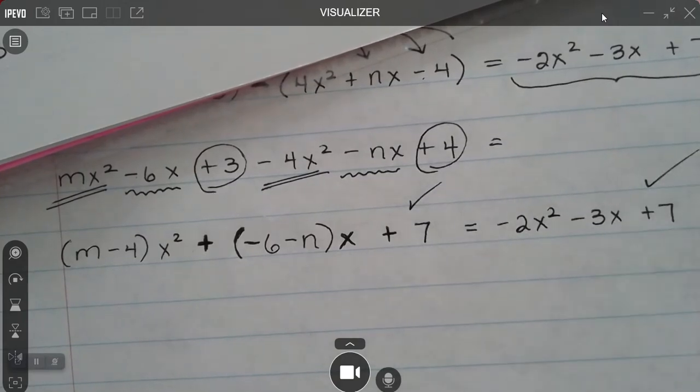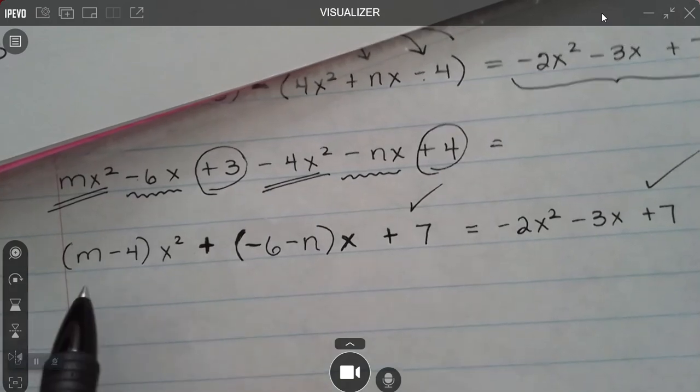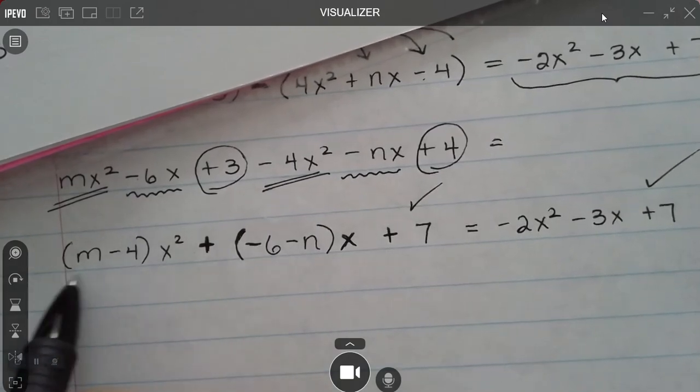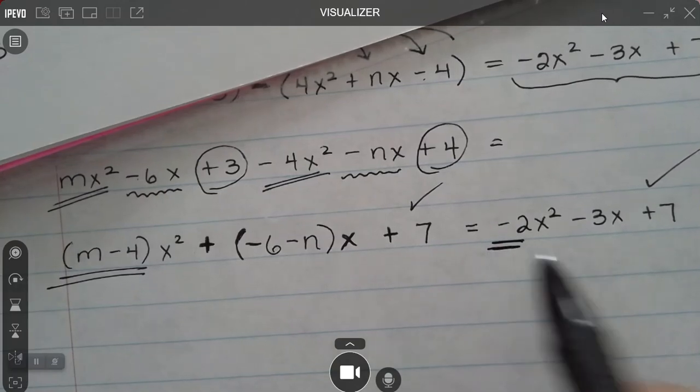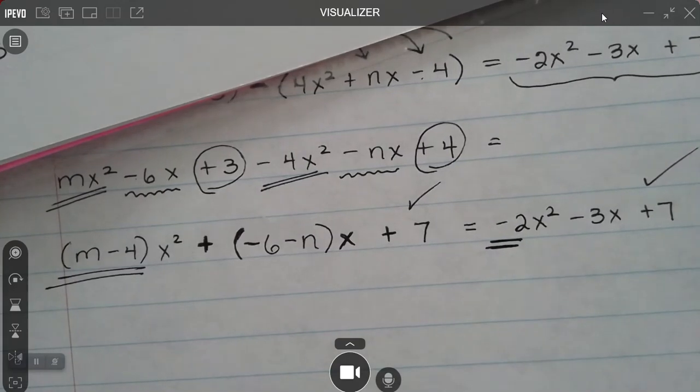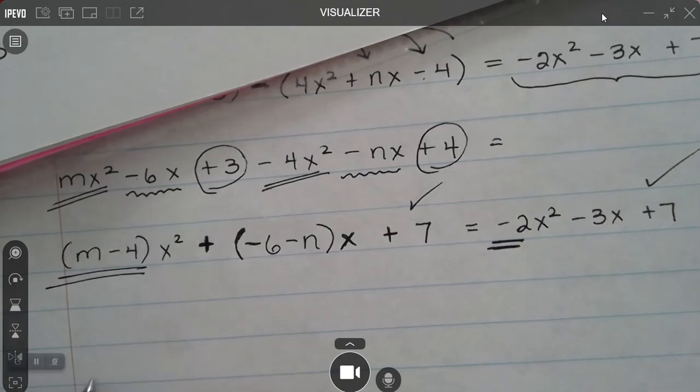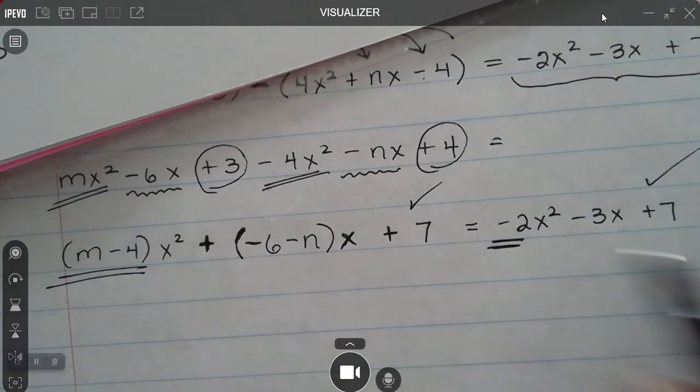Look, constants are equal, right? That means that our m minus 4 should be equal to what? Negative 2? Correct. So, we're going to do side calculations now. Here we go.